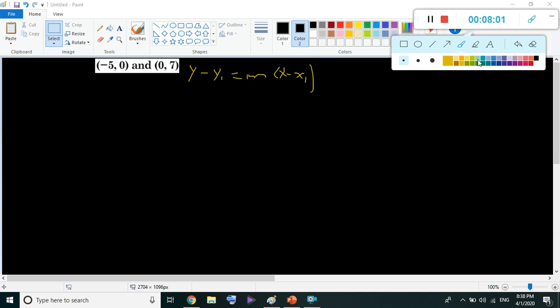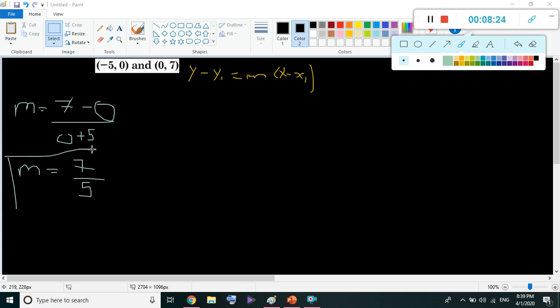As we said, we're going to find m first using these 2 points, which is y2 minus y1. Here we have 7 minus 0 over 0 minus minus 5, which is 0 plus 5. So m equals 7 over 5.